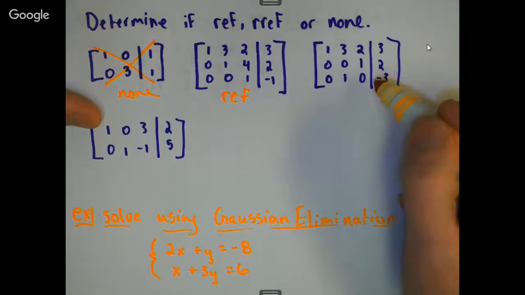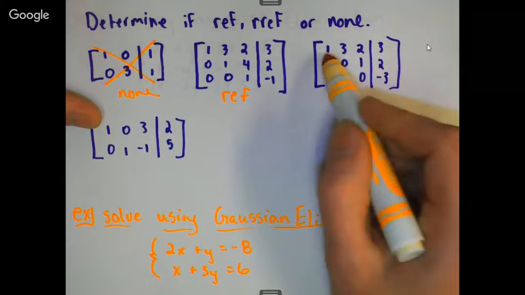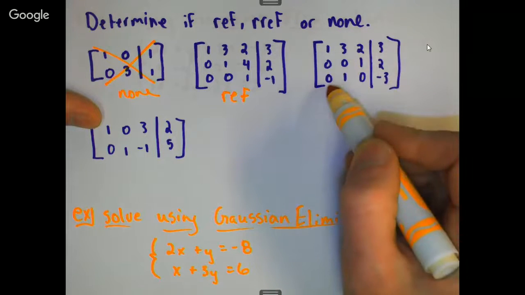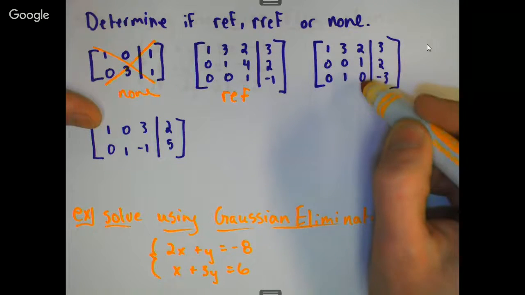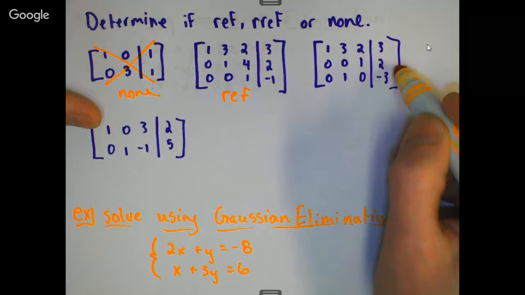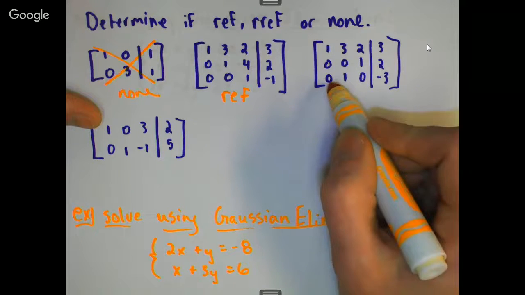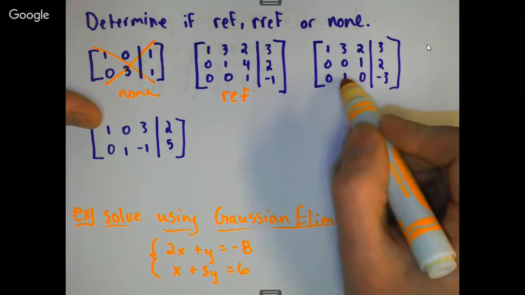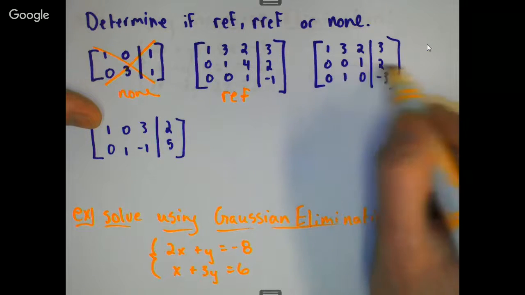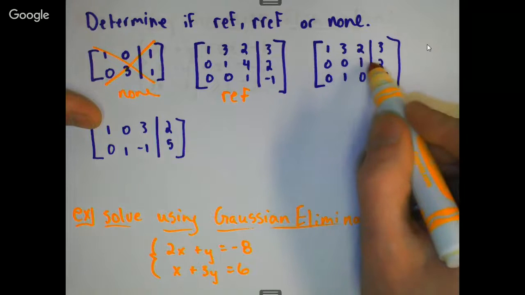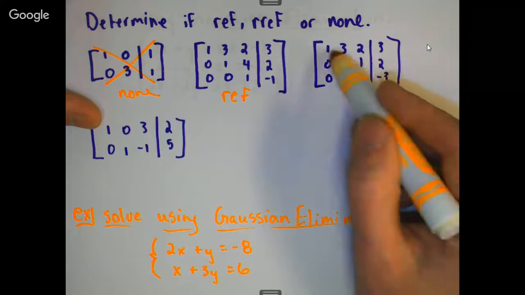Okay, so this one, we've got a leading one, numbers, zeros below. I've got a leading one, no zero below it, numbers, that's okay. But the problem here is that this one needs to be on the other side of this one. They can't go in this order. Remember, they're supposed to go diagonally down across.